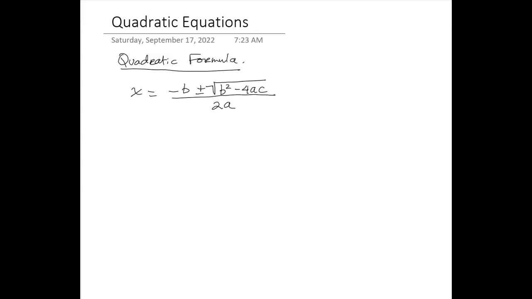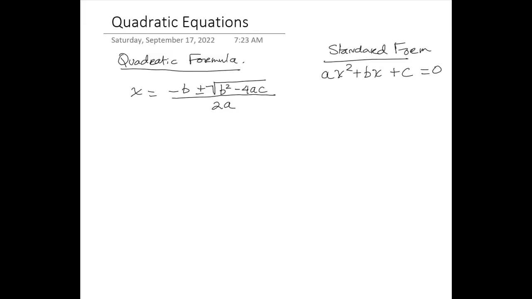Okay, so now the question is, where do that b, a, and c come from? It comes from the standard form of a quadratic equation. The standard form of a quadratic equation is ax squared plus bx plus c equal to 0.